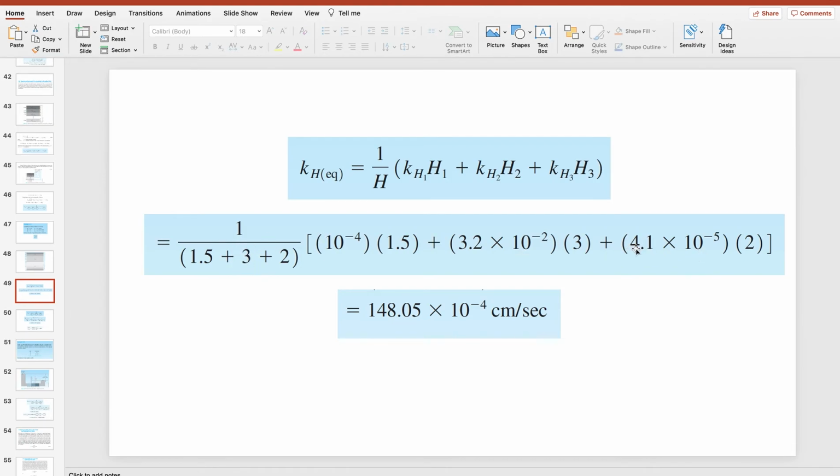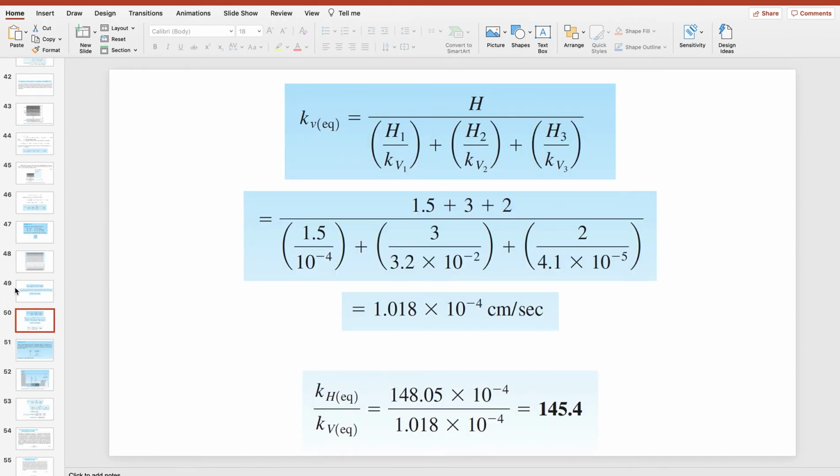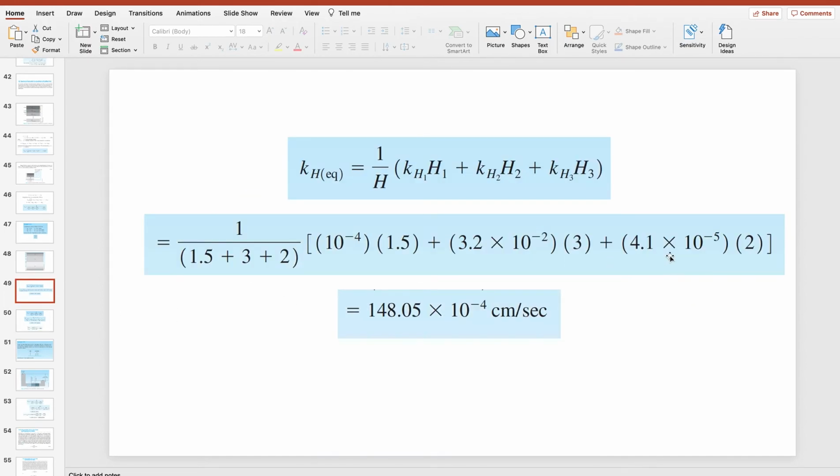Plus 4.1 times 10 raised to negative 5. Where does that come from? That is the hydraulic conductivity of layer 3. Substituting, times the thickness of 2. Then, input that into your calculator. The hydraulic conductivity horizontal is equivalent to 148.05 times 10 raised to negative 4 centimeter per second.